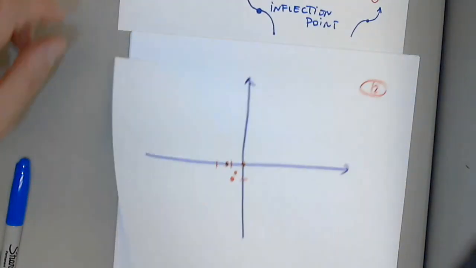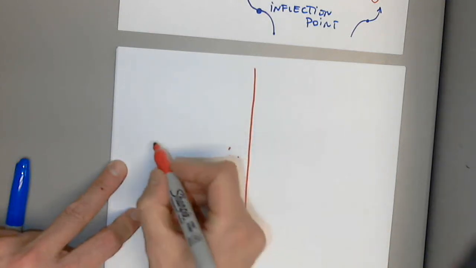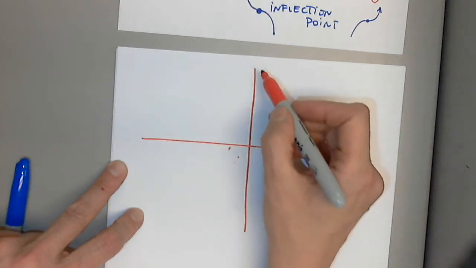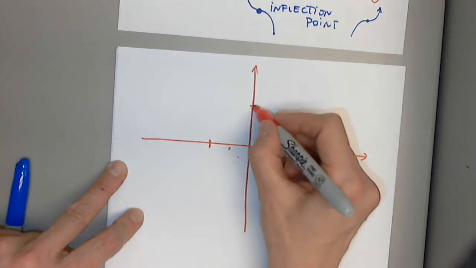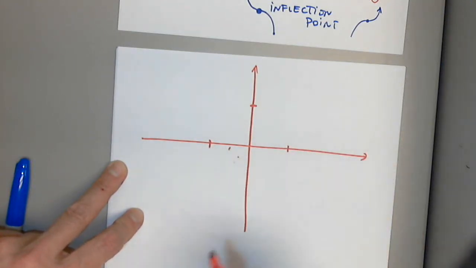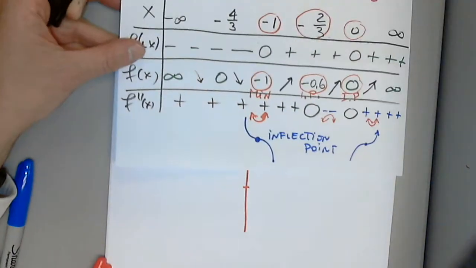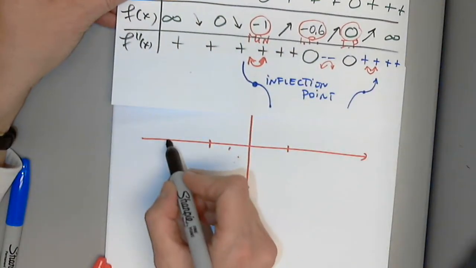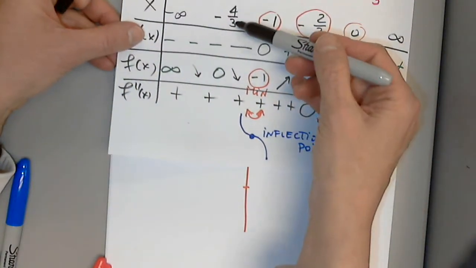Maybe I should create a bigger unit because it's so tiny. So I'm going to say this is -1. This is +1. Okay? So negative 4/3, 0, I'm going to say here, negative 4/3, 0.